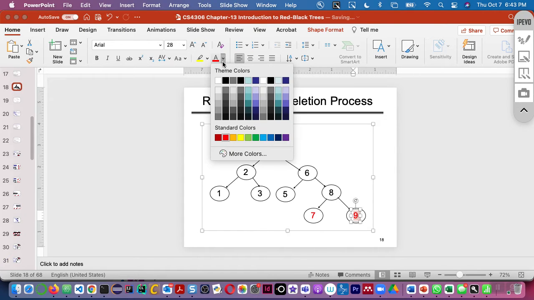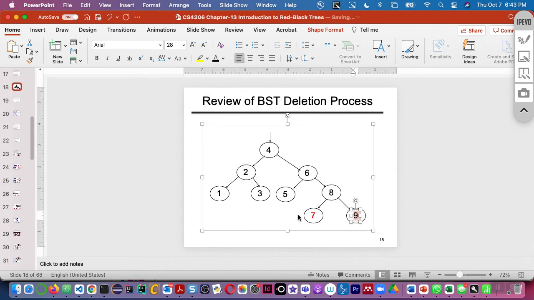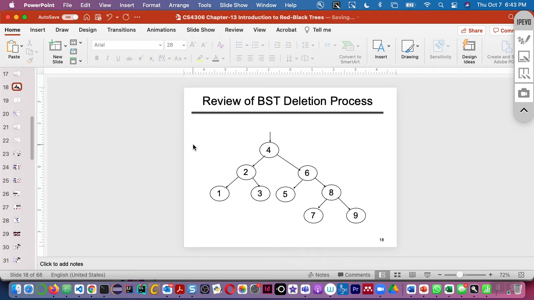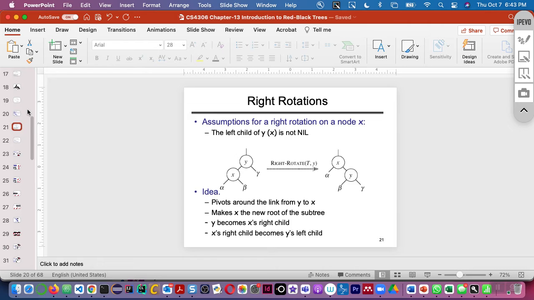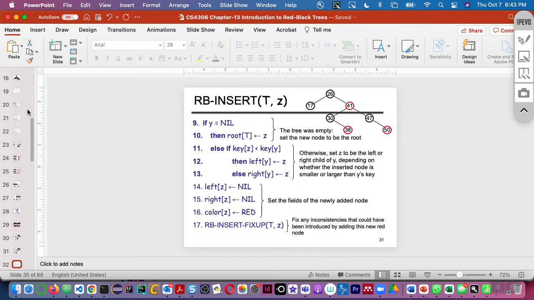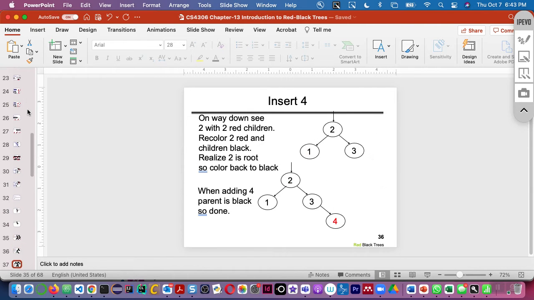This is just a BST, so we need to make it black. So let us go to the algorithm where it is deletion and then put it out there.